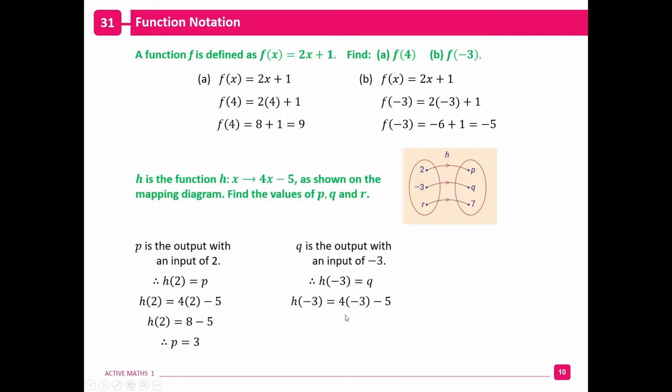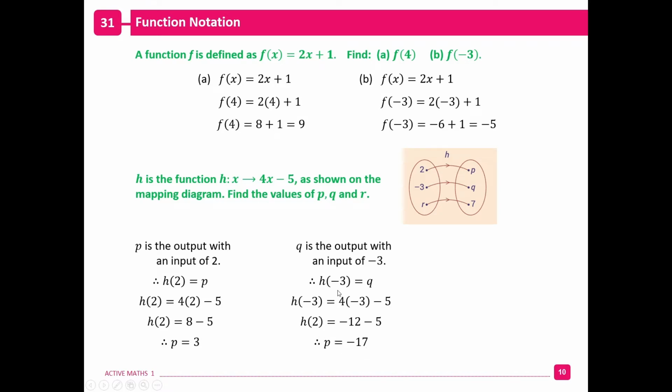So 4 lots of minus 3. A plus and a minus when multiplied, they're not the same sign as each other, so there's going to be a minus outcome. So minus 12. And then we need to take another 5 away, so we end up with minus 17.